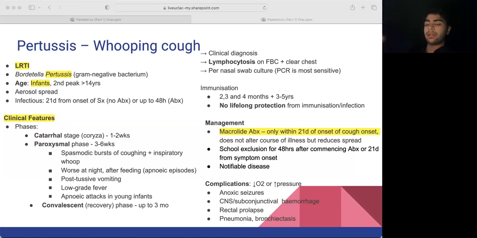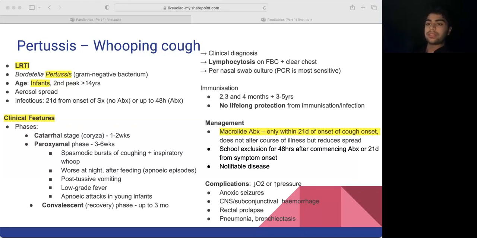And it has this typical, quite long course of the illness, starting with a catarrhal phase, which is the coryzal symptoms that were described in the SBA, runny nose, cough, cold kind of symptoms. And then a paroxysmal phase where you get these very characteristic spasmodic bursts of coughing. So the word tussis is actually just Latin for cough. So this bacteria causes such a characteristic cough that it's named after it.